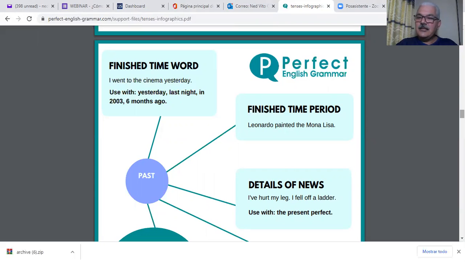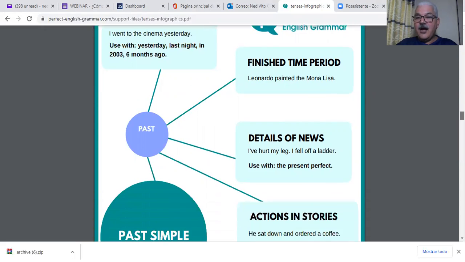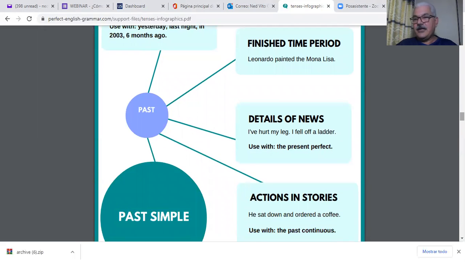We could also give details of news. For instance, I hurt my leg. I fell off a ladder. So in that case, the past is joined with two different ideas. It's something that happened in the past, but the action, in fact, I fell off a ladder, happened before.